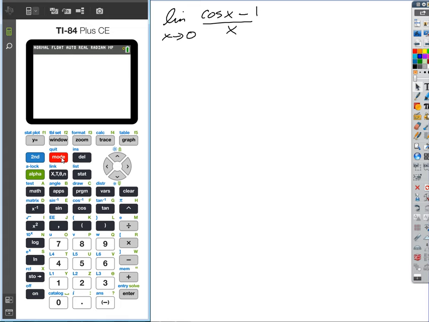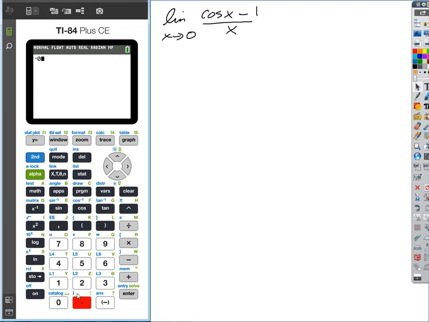Another trick on the calculator is we could set up this expression here and input values of x. What I mean is we can store a value for x, for example the value negative 0.1. How do we do that?